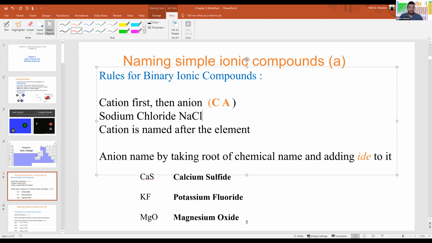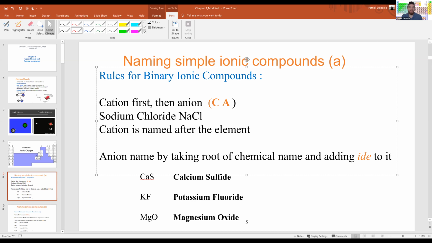Sodium, Na, is the name of the metal. That's the rule: in any ionic compound, the name of the metal comes first. Then you have chloride. There's no chloride on the periodic table, there's chlorine, so you have to change the ending.